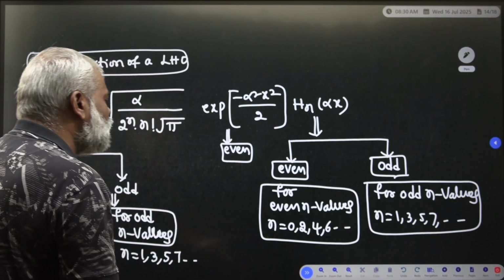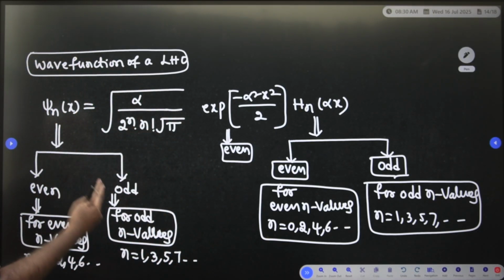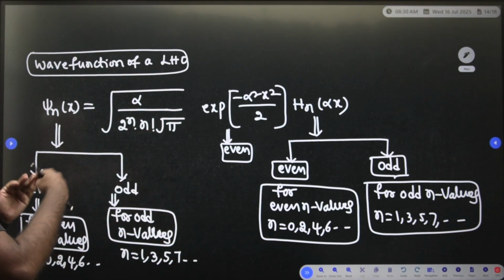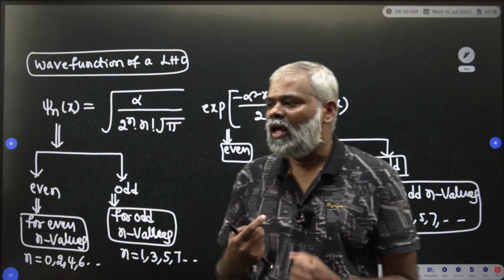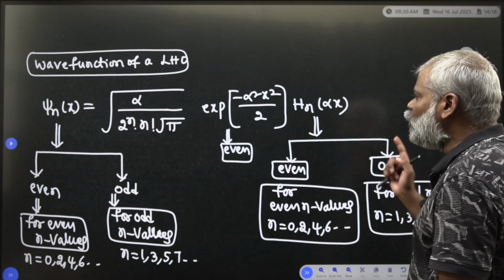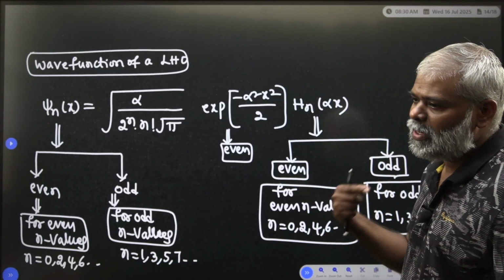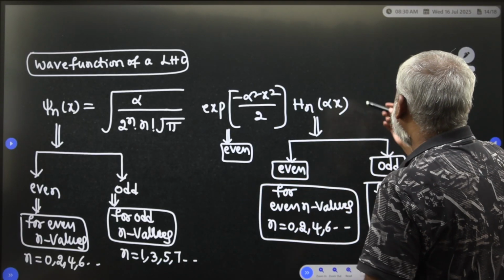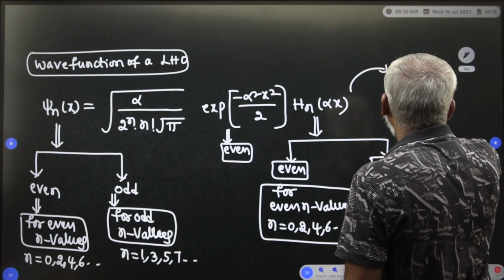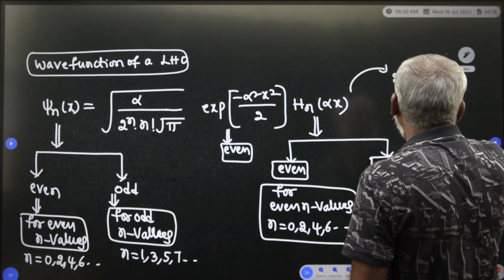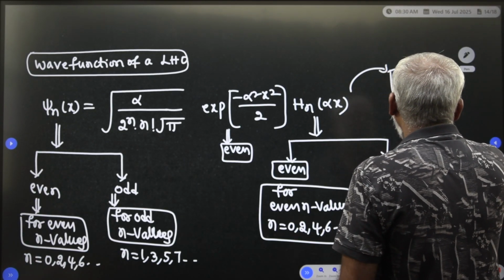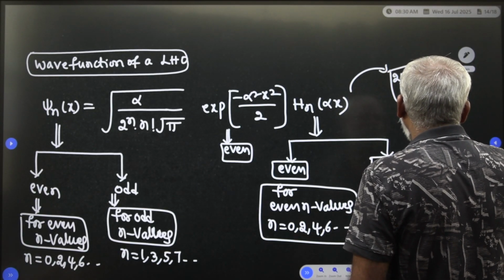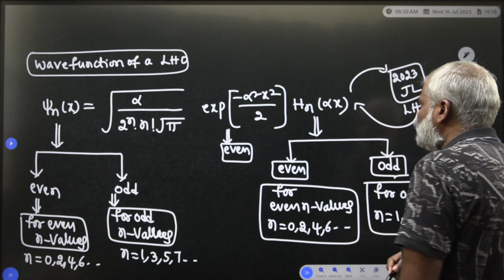But for even n values, you get an even function. Clear? Based on the Hermite polynomial, they have already asked a question in our examination, maybe the last JL examination, 2023 JL. People asked, in the linear harmonic oscillator, which wave function are we using?